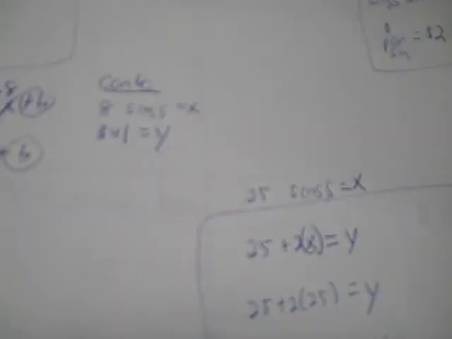So I just basically plug that in. 25 plus 2 times 25 is 75. Okay, so $75 is the cost of 25 songs.